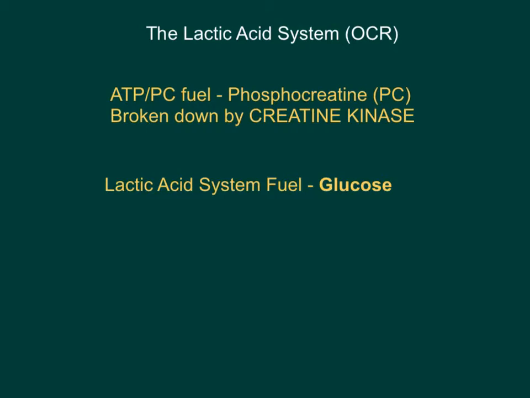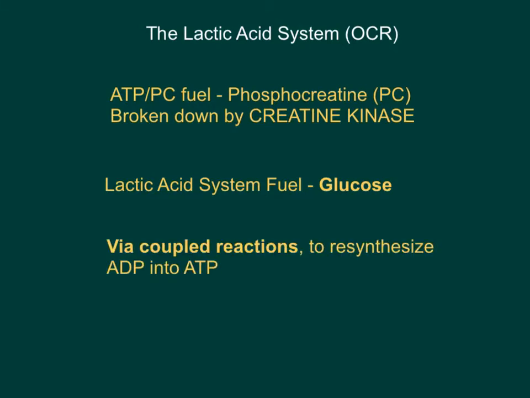And remember that anytime you talk about energy being created, you have to say that, in this example, the lactic acid system will break down glucose to provide energy via coupled reactions. That's that key term that we looked at before, and that is when the product from one reaction is used in another reaction, in this case energy, and this energy is then used to resynthesize ADP back into ATP.